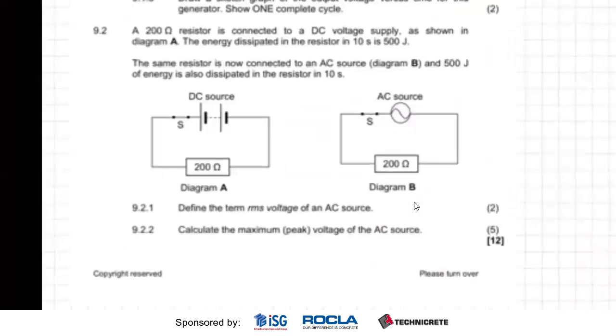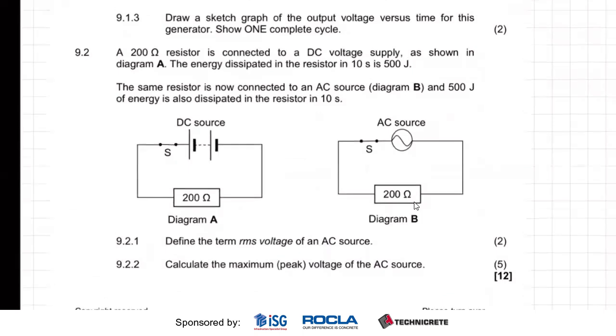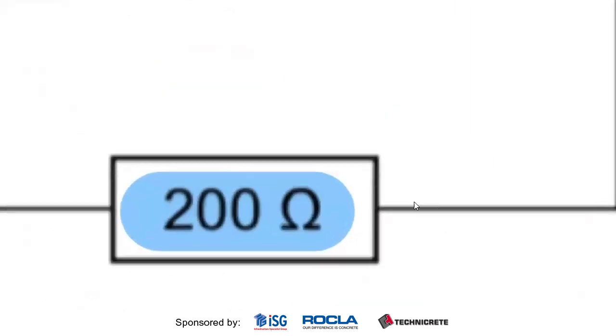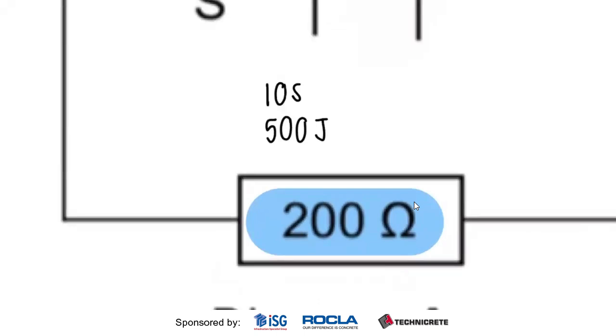Now we go on to the second part of the question, which is more of our working out part. We are told that a 200 ohm resistor is connected to a DC voltage supply, as shown in diagram A. The energy dissipated in the resistor in 10 seconds is 500 joules.